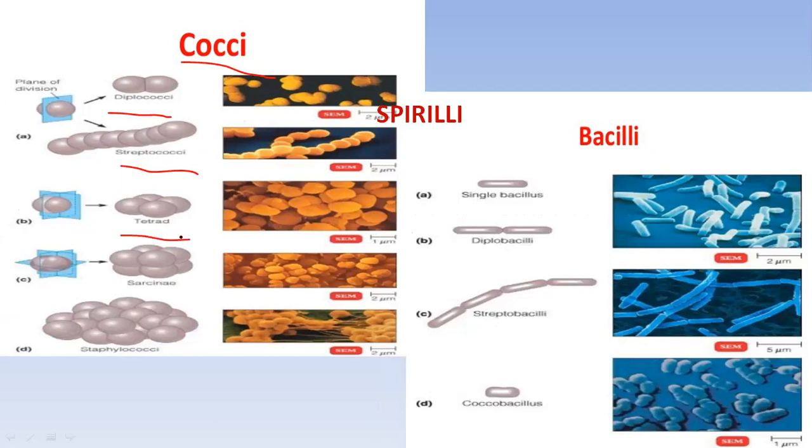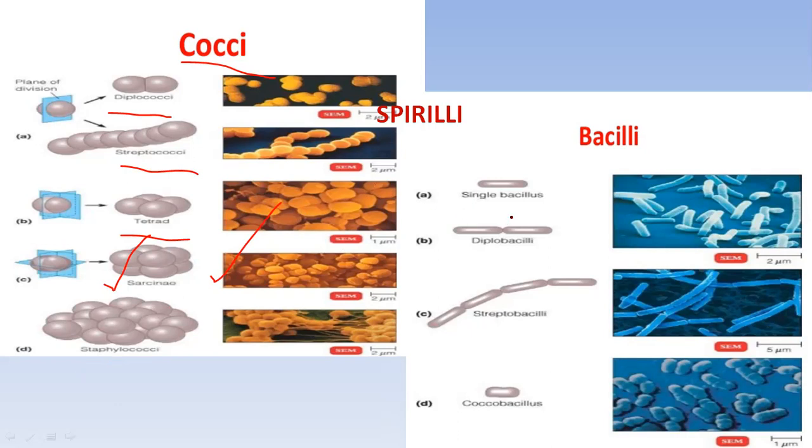Then tetrad, they arrange in four cells. Sarcina forms like tetrads, when two tetrads are joined together, and you can see here they form crystal-like structures. And staphylococcus, lots of cells form a ball-like structure and are found in clusters.